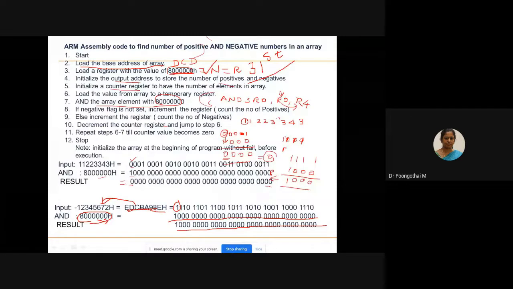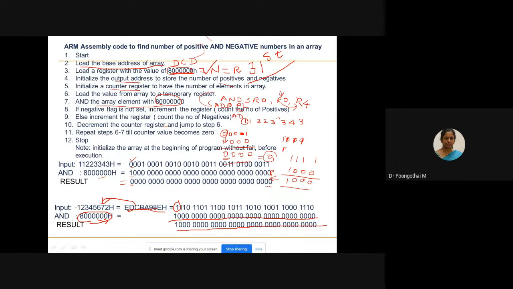After that, I have to check whether the number is positive or negative by using a conditional attribute, that is ADDPL. If the number is positive, increment a particular register to store the count of positive numbers.